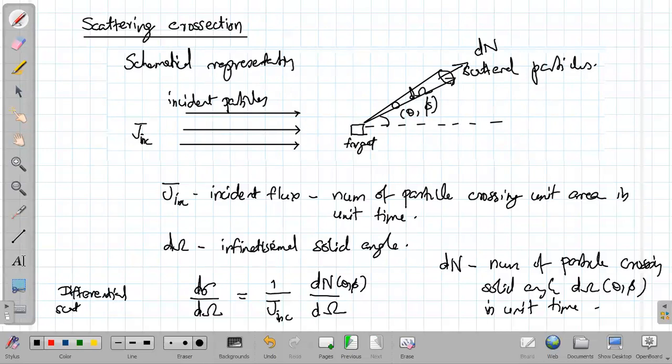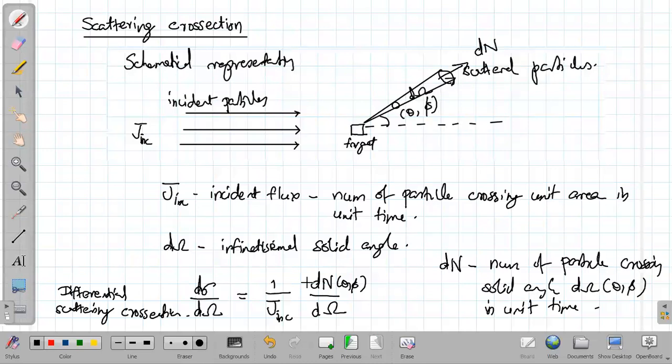So this definition we can use to quantify the scattering. How will you define this? The differential scattering cross section is defined as the number of particles scattered into an element of solid angle d omega in the direction theta phi per unit time per incident flux per solid angle.